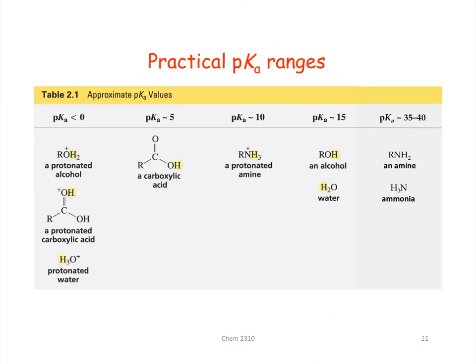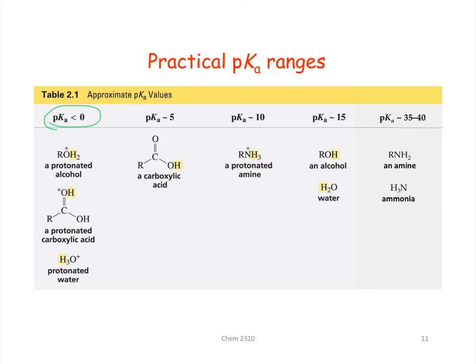Okay, so here are some practical pKa ranges to know. What we're doing here is ranking them in some ranges. Here we have pKa less than 0. That's going to be the most acidic.